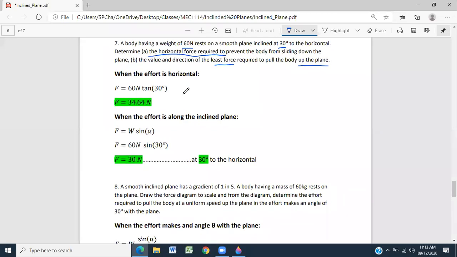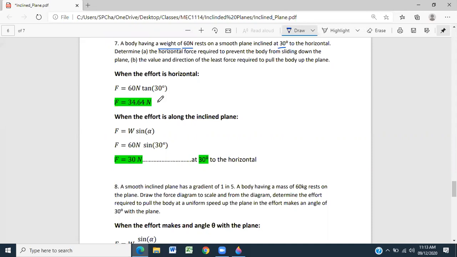So when the effort is horizontal, we know our formula, right? W times tan alpha, where W is the weight, the body having a weight of 60 newtons. So F is equal to 60 newtons times tan of 30 degrees.